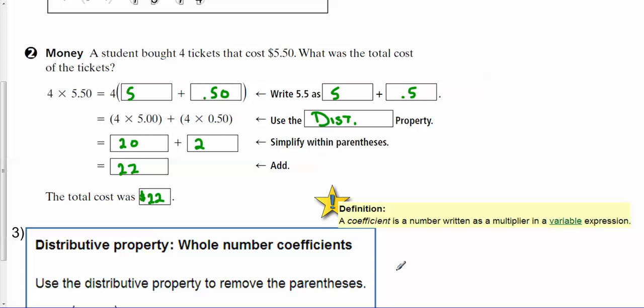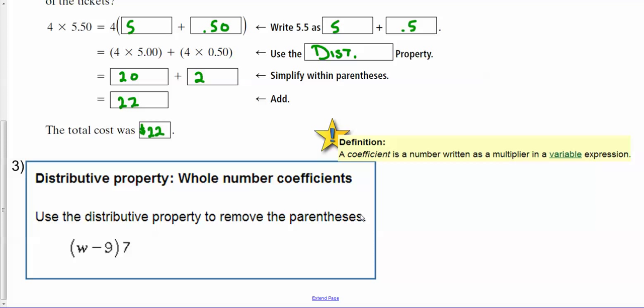Total cost was $22. So let's look down here at coefficient. A coefficient is a number that is written as a multiplier in a variable expression. So we're going to use the distributive property to remove the parentheses. Okay? So we want to get rid of the parentheses. So again, it doesn't matter what side it's on. It doesn't matter what side this 7 is on.